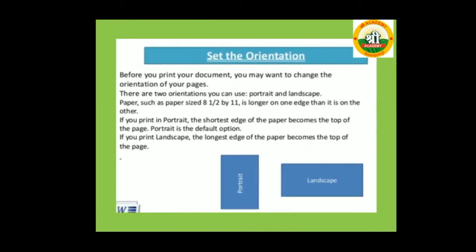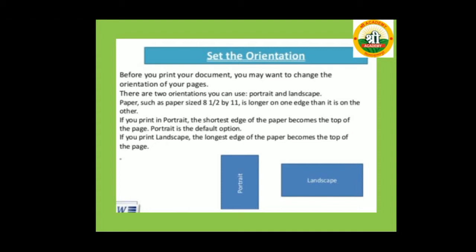Set the orientation. Orientation is very important, because sometimes our data is not suitable for one page, then we need to change the page orientation. Before you print your document, you may want to change the orientation of your page. There are two orientations you can use: first, portrait, and second, landscape.